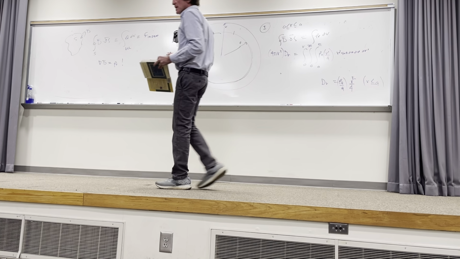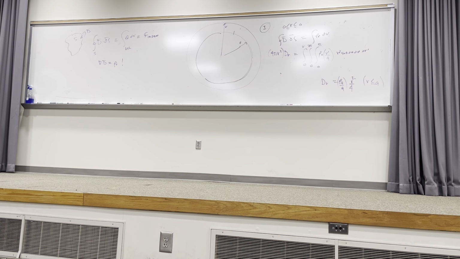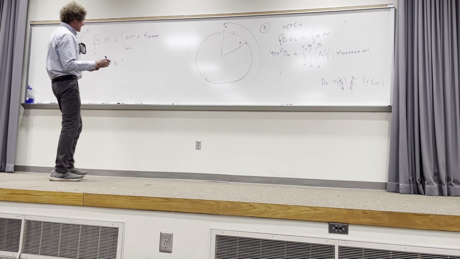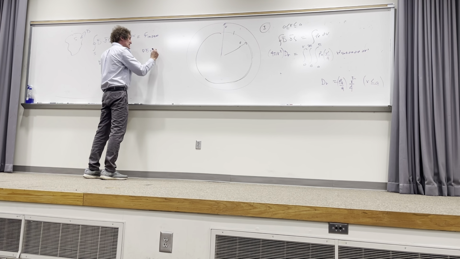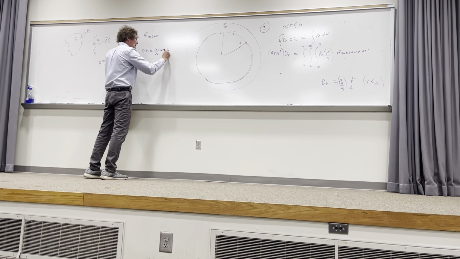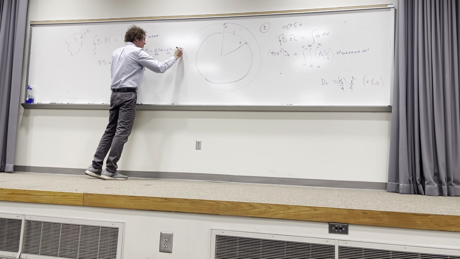You all see that? All right, I'm just going to go through the most simple example. I'm already over by a minute, I know. The divergence of D is the partial of Dx with respect to x, plus the partial of Dy with respect to y, plus the partial of Dz with respect to z.